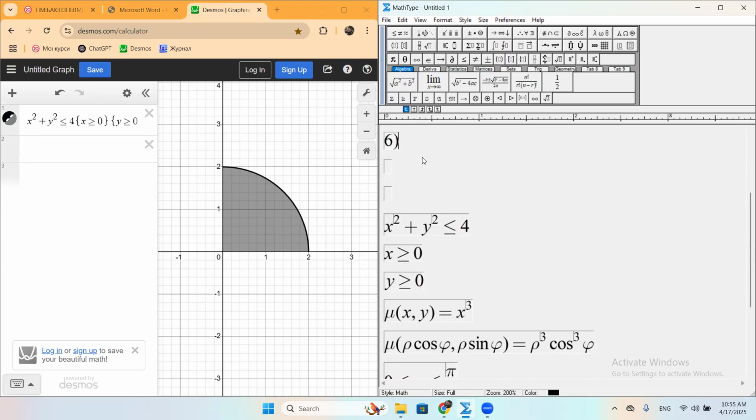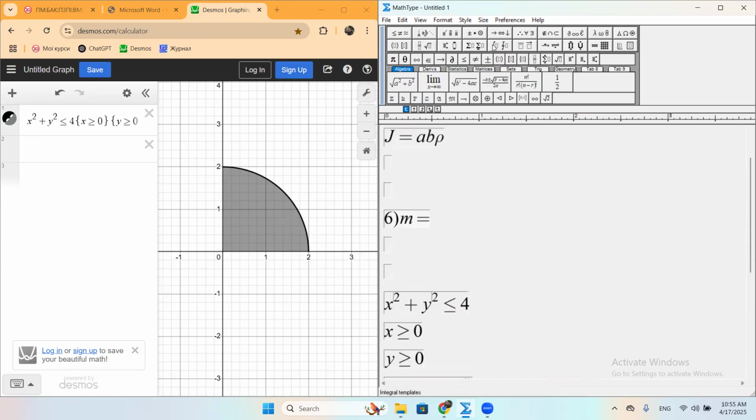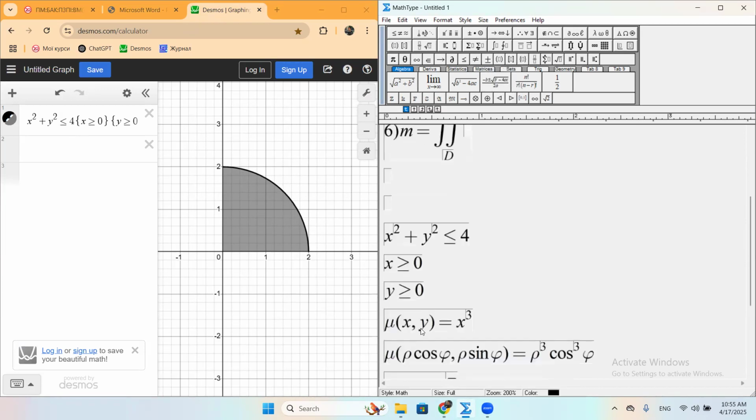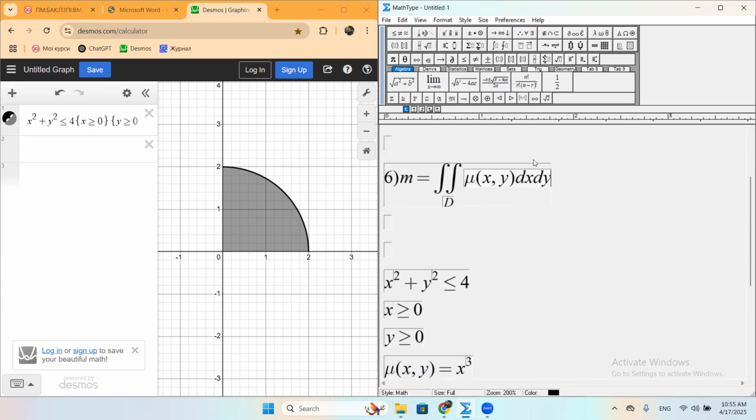Let me remind you that the mass equals the following integral: mu of x, y dx dy. So we need to integrate the density in this region.